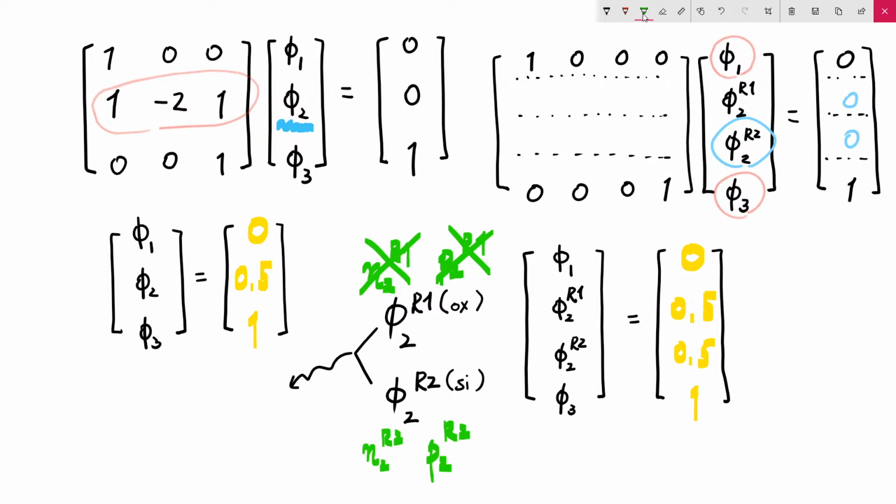Simply speaking, you may feel that between vertex node 2 for R1 and vertex node 2 for R2, which one has more physical meaning and is more important? Without hesitating, all of you can answer that this one is much more important.